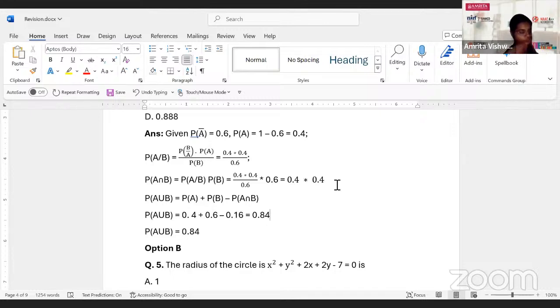If you are using whichever formula that you have studied, I think 0.84 only will come. Okay, completely fine. I hope you got this. Mahita, what is the status? And Neela also, what is the status? And even the other children. Krishna Priya.